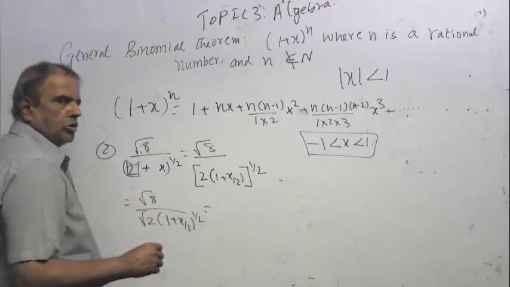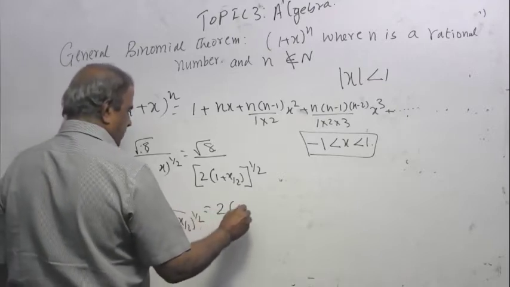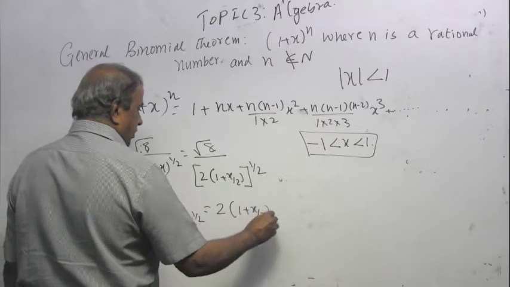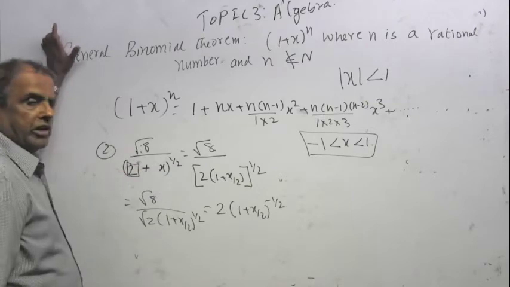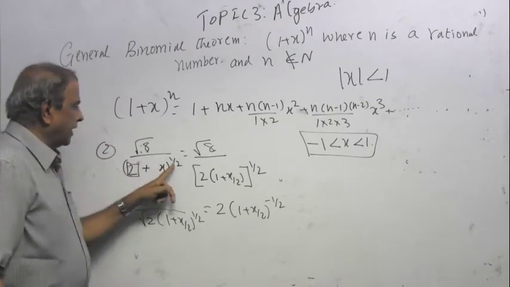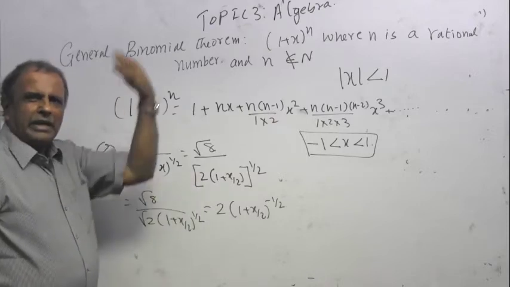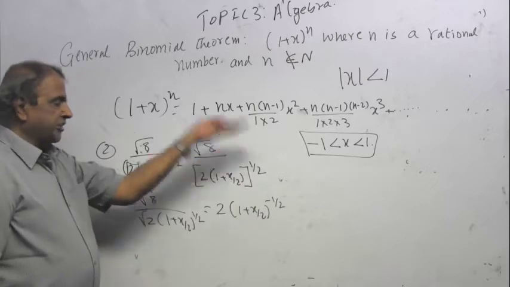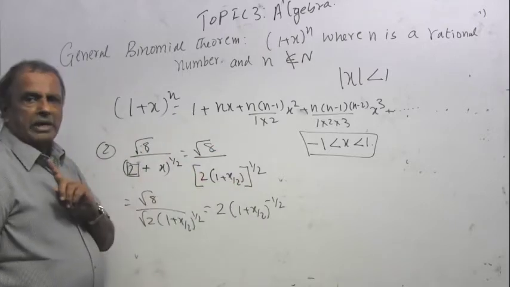Root 8 over root 2 is root 4, which is 2. So 2 times, now take the power up. You understand what I'm saying? Please do not take it up and try to do it, because you might forget. The two errors that happen are that students forget the negative half for 2, and they forget to take the common factor, or they just remove 2 out without realizing that the 2 also has to be raised to the power half.